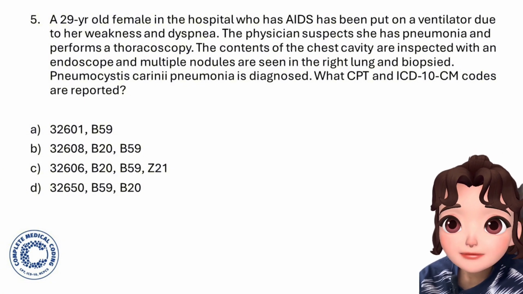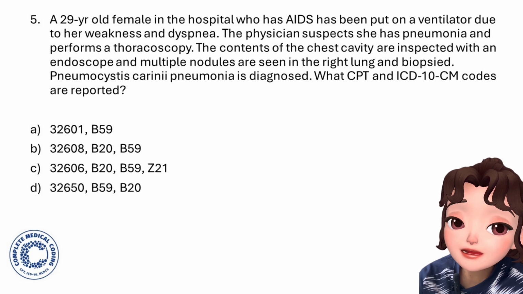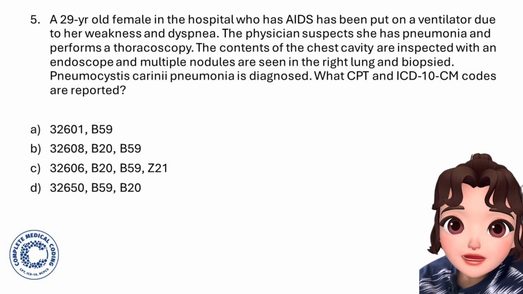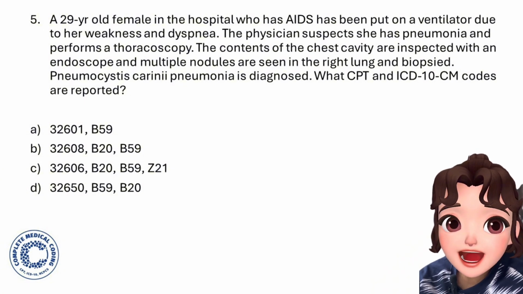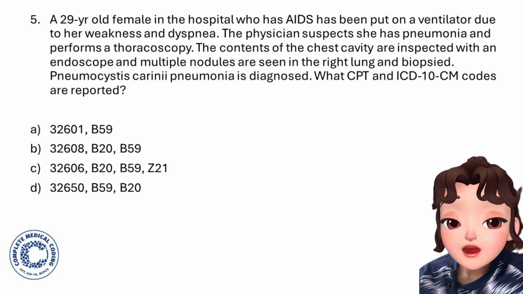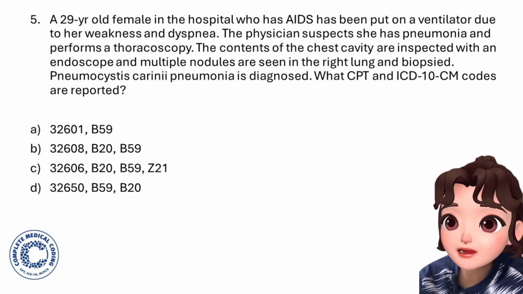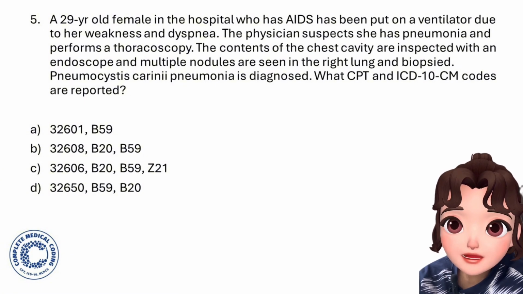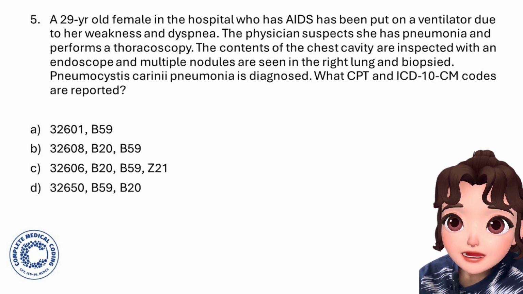And one more thing: for a confirmed HIV patient coming for some other procedure, where the diagnosis was confirmed only after the procedure, since it was already an HIV patient, you have to code HIV first, B20, followed by the confirmed diagnosis code. So here B20, B59 should come. Still, we will check the CPT codes.